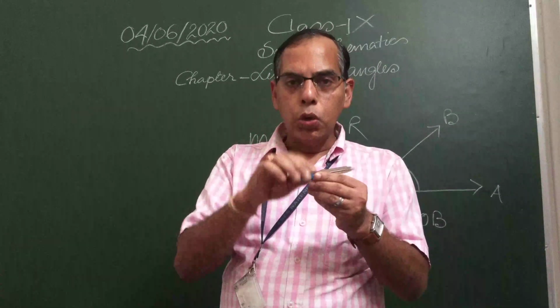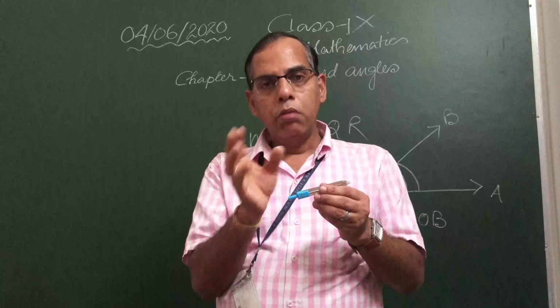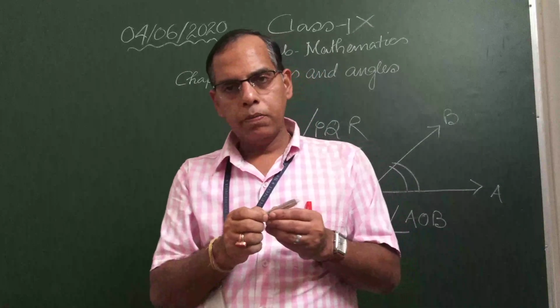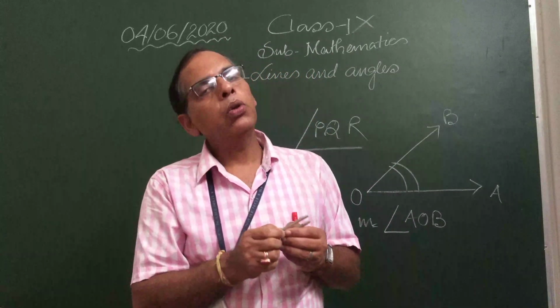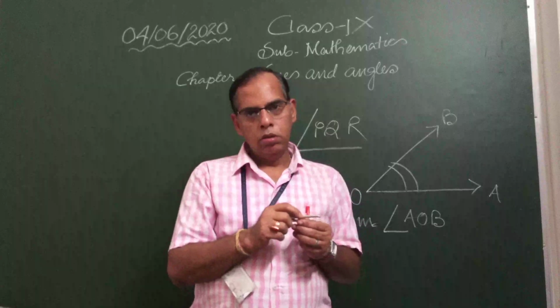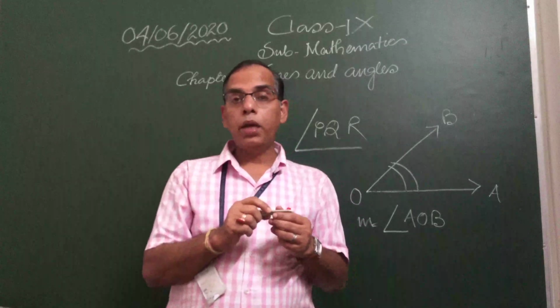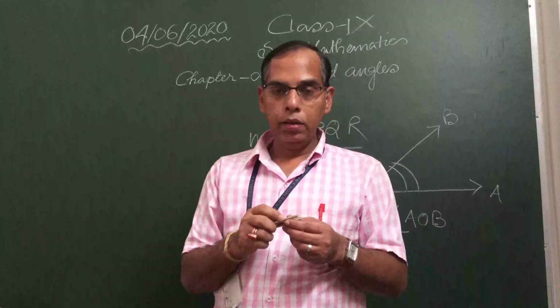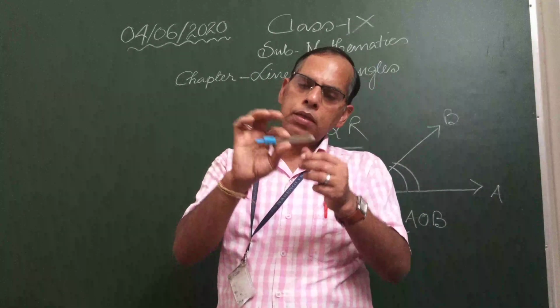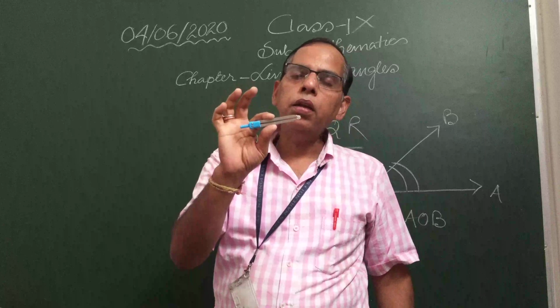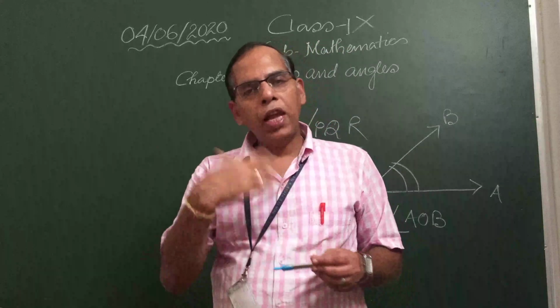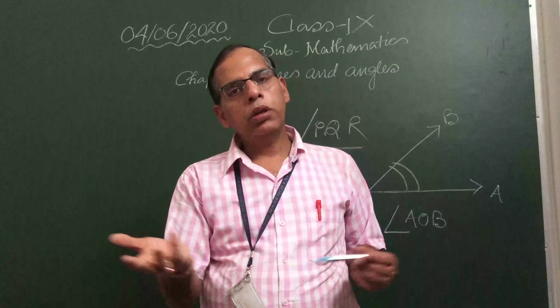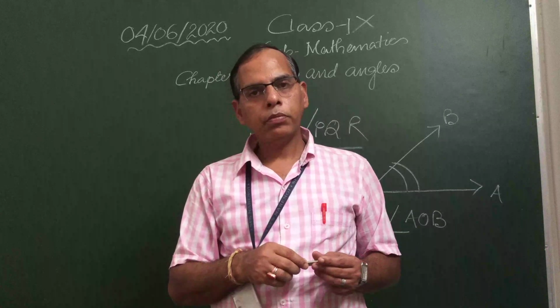Until there is movement, no deflection, the angle will not form. Then the two rays, according to the definition, there should be an angle. Yes, this is an angle. What is the measurement? 0 degree. As deflection is not there, definitely it will be 0 degree.